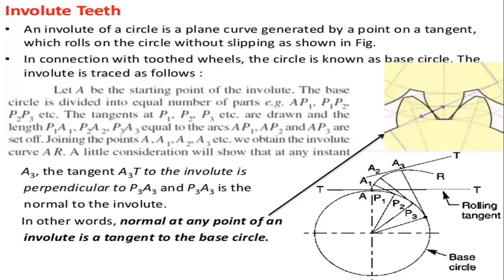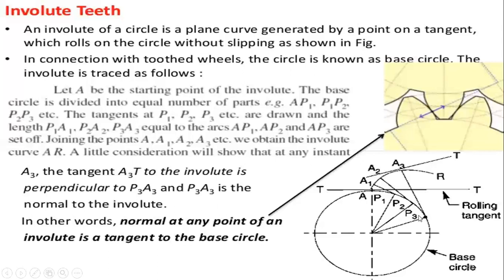In the picture you can see the tangents. This is the rolling tangent, shown in two positions here. This is the base circle, which is rotating, with the points A, P1, P2, and P3.